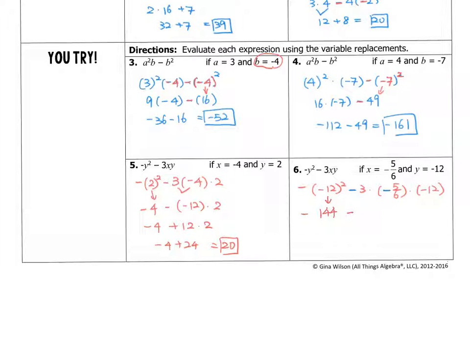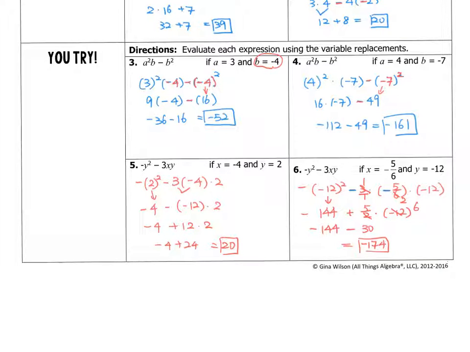So that becomes positive. And then I can cancel these two. This becomes 1. I divide both by 2. Make it 3 over 1 if you wish. So now I have 5 over 2 times negative 12. I copy everything down. A negative times a positive gives me negative. And then I cancel this. This becomes 30. So my final answer is negative 174.